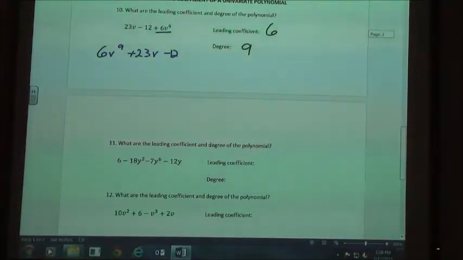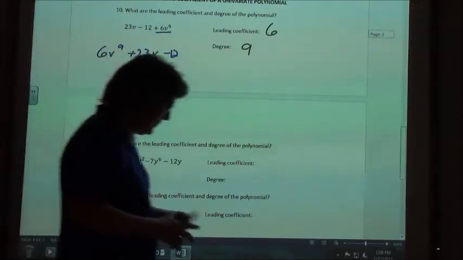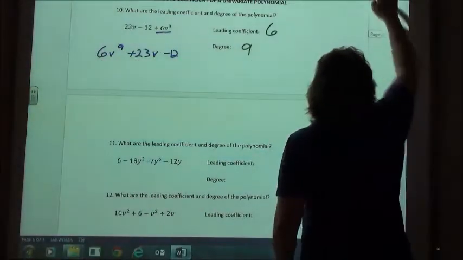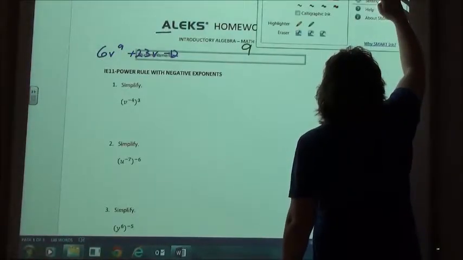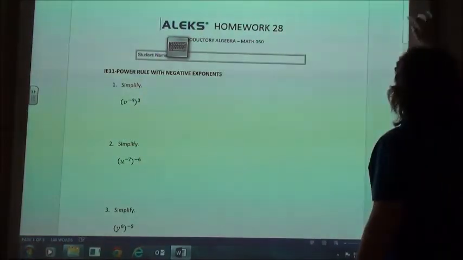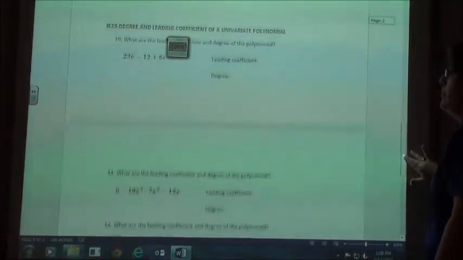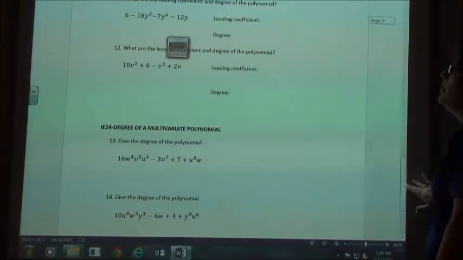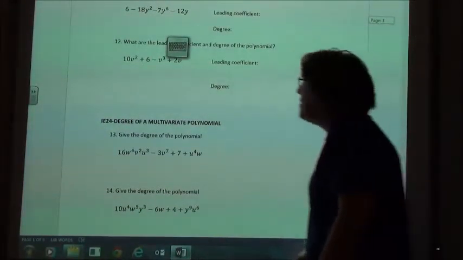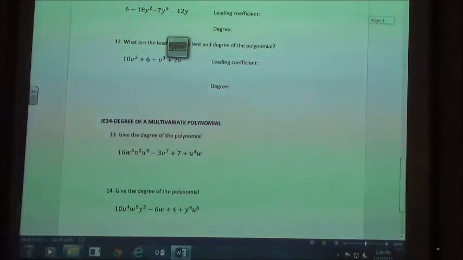And the degree, if we're univariate, is your highest exponent that you have. Highest exponent? Yep, always the highest exponent. So they'll talk about a second degree polynomial. That's one of those that has an x squared. I don't know why it wants to keep moving every time I clear the board, but oh well.